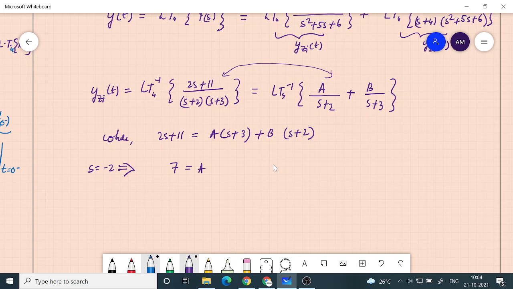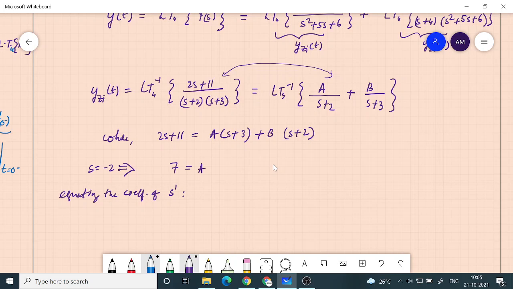Now similarly you can substitute s equal to minus 3 and directly get B, or you can equate. So now I am going to equate the coefficient of s raised to 1.